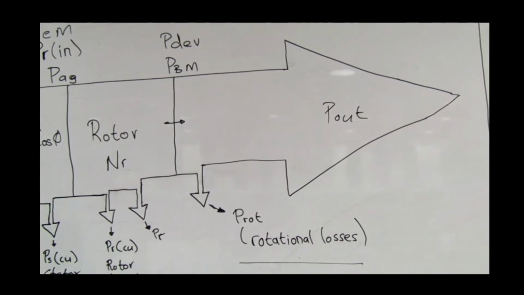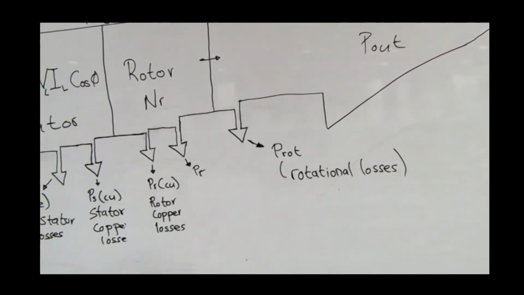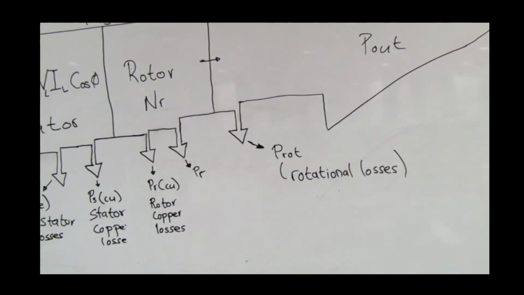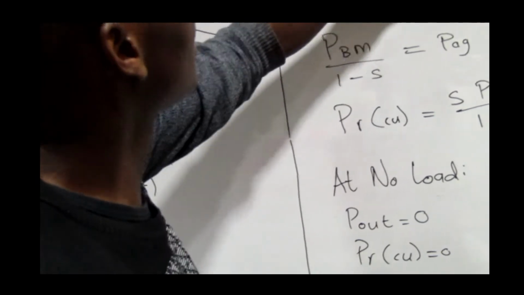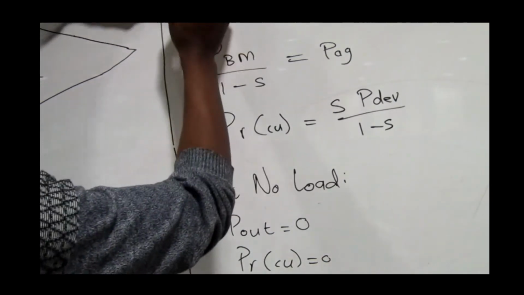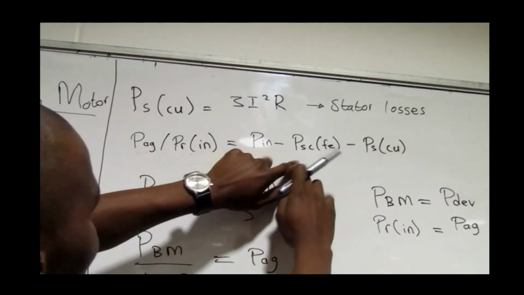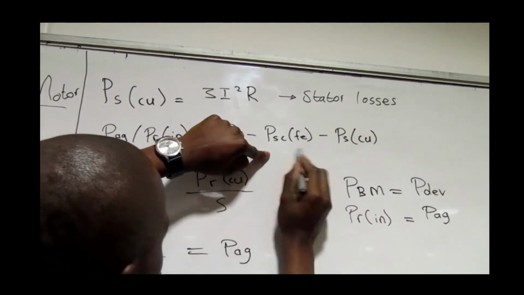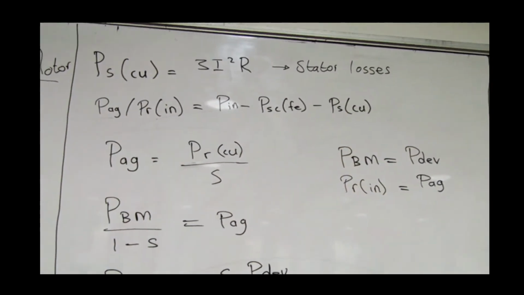I would like to take you through some derived formulas for these stages of power, which we'll use to calculate our powers. As I've said, the stator copper loss is given by 3I squared R. The power P air gap, or P-in to the rotor, is given by P-in minus the stator iron loss, minus the stator copper losses.